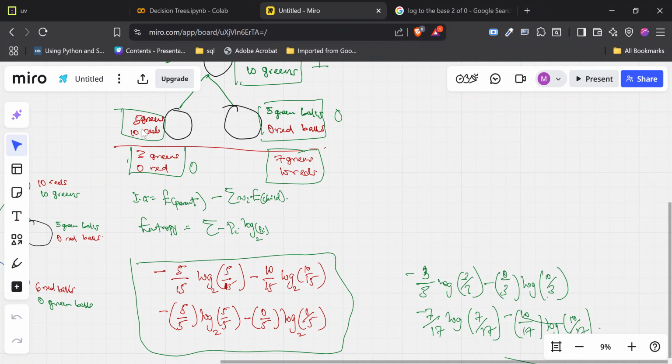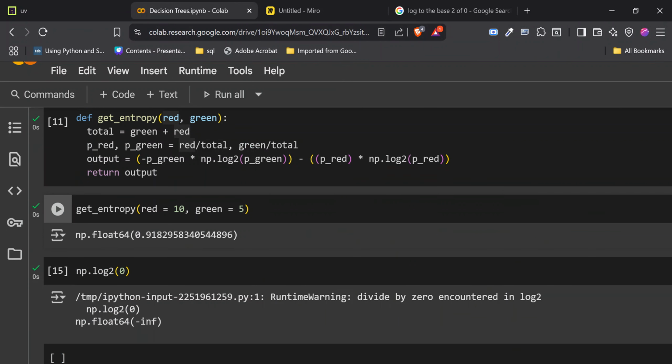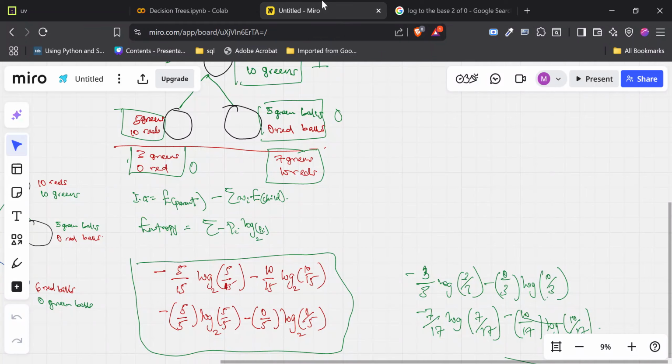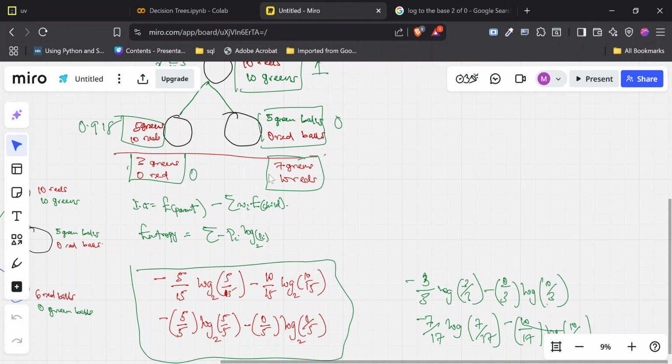So we come here, the first one is 5 grains, 10 red. So we come here and say 5 grains and 10 red. So we run that. We have 0.918. So we come here and we add 0.918, and 7 greens, 10 red.